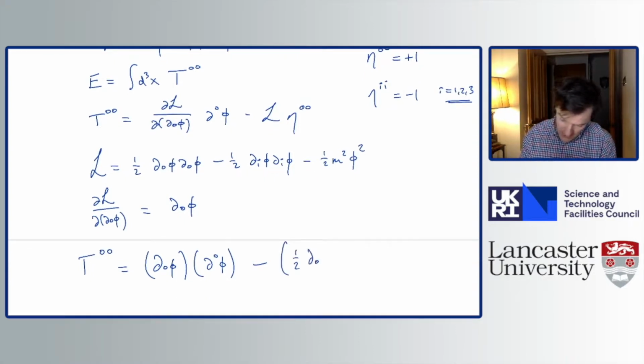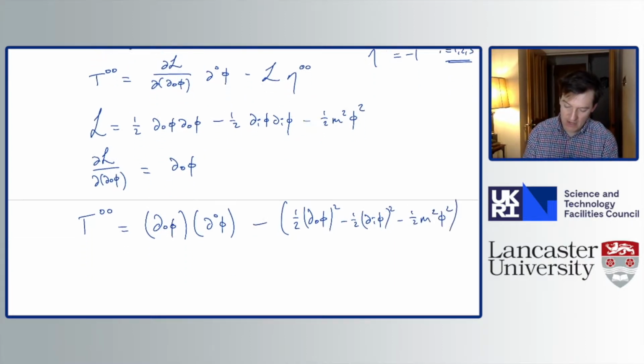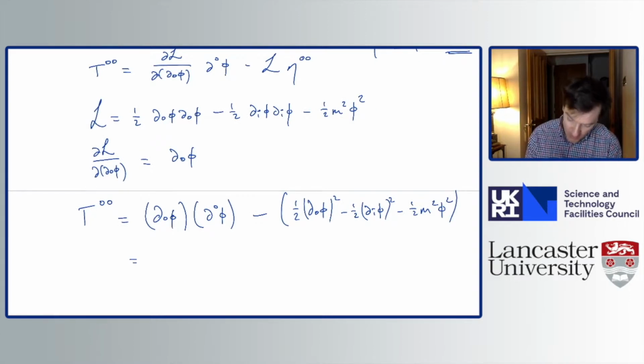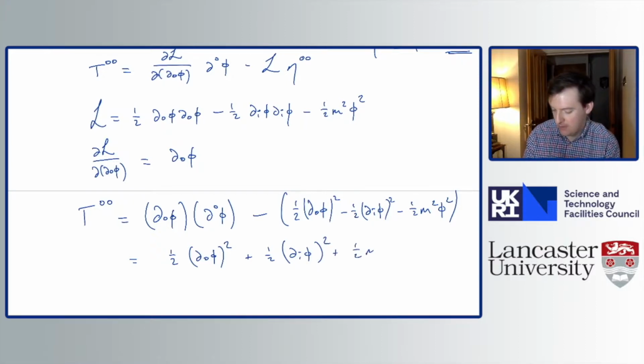Then we can write down my expression for L, above, just rewriting it out again. Okay, so we get a half of d0 phi squared plus a half d_i phi squared plus a half m squared phi squared.